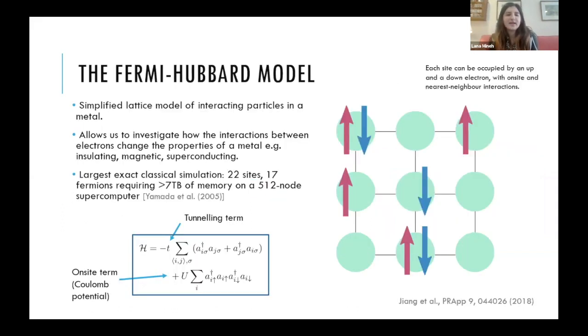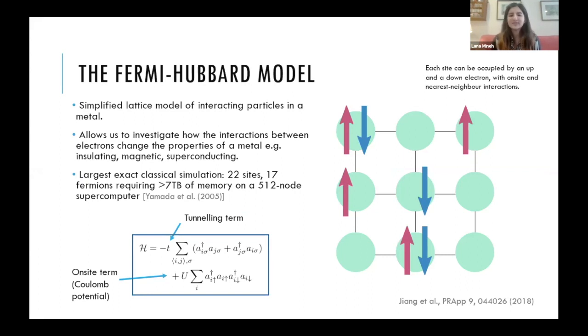The Hubbard model is a simplified lattice model of interacting particles in a metal. This allows us to investigate how the interactions between electrons actually change the properties of the material. So we have a big lattice, and each site on that lattice can be occupied by an up electron and a down electron.